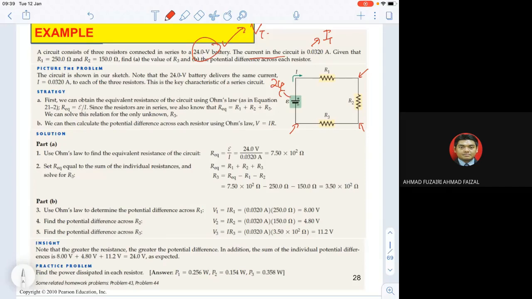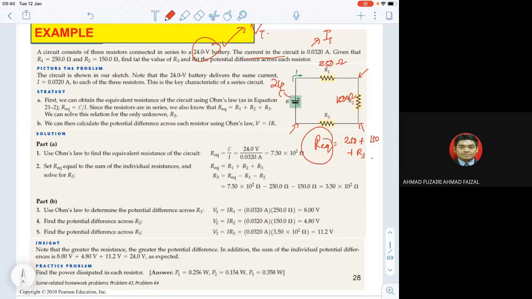So this one is I total, 0.032 ampere. Given that R1 is 250 ohms and R2 is 150 ohms, find the value of R3. Remember, when R3 is not given, they want you to calculate the value of R3 using R equivalent, because R equivalent is equivalent to 250 plus 150 plus R3.